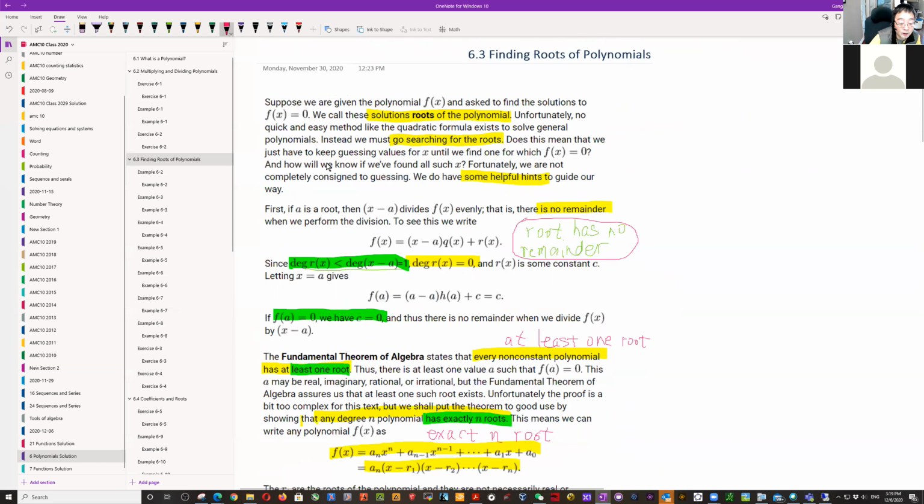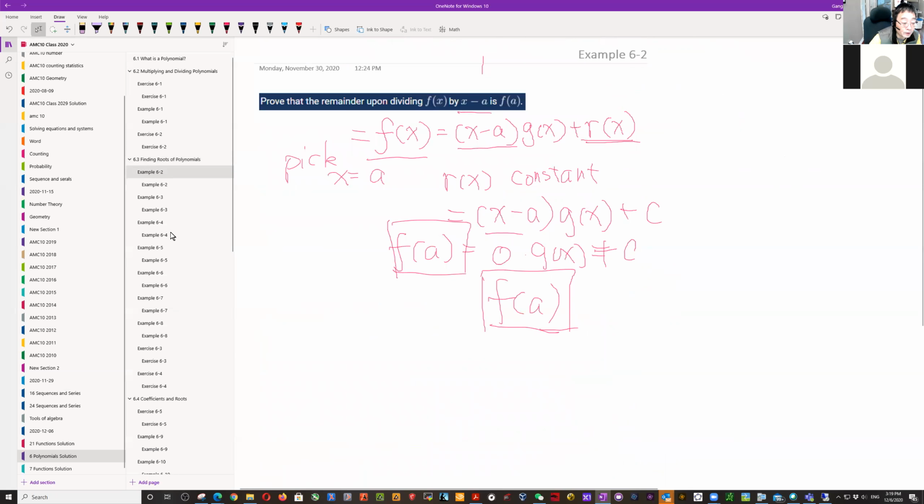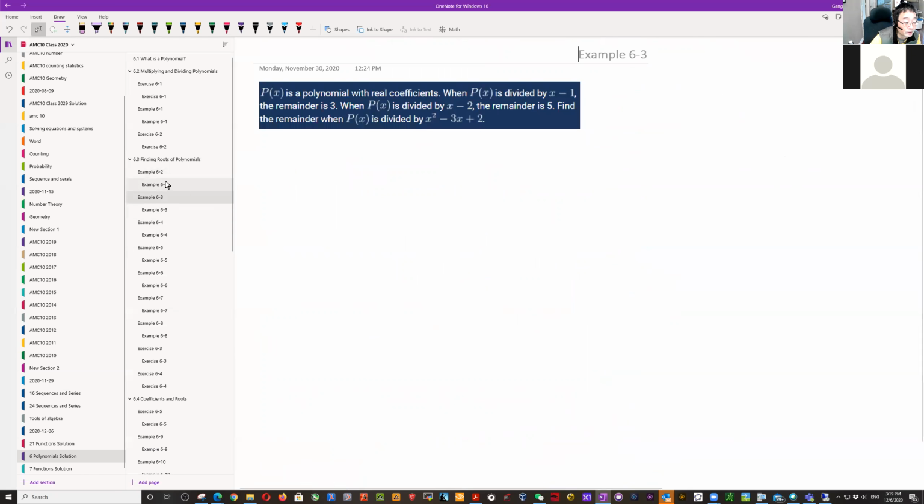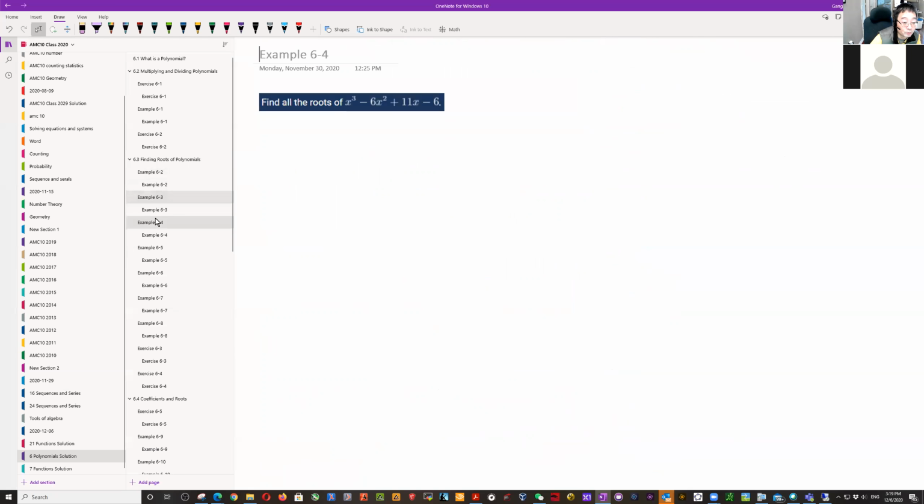It's very dry right now. I know it looks that way, so I'm going to do at least several problems to help you get started on this. So here, find all the roots. First thing we know is that this has integer coefficients.